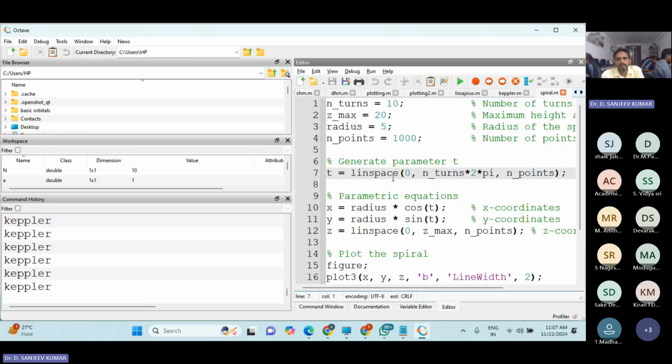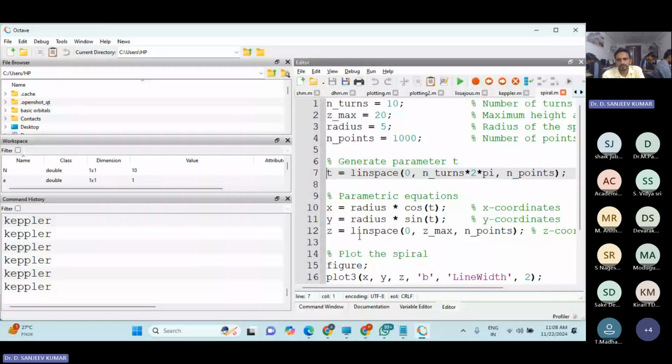So I'm considering n turns, 10 turns along z axis with the 20 units with radius of 5 and 1000 points. And after that, I'm generating x and y as usual. R cos theta, y is r sin theta.